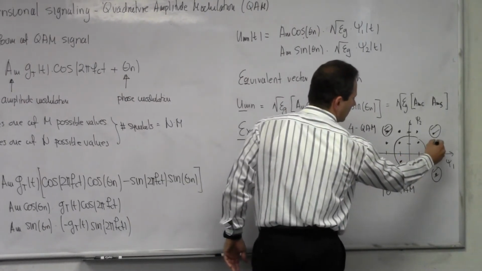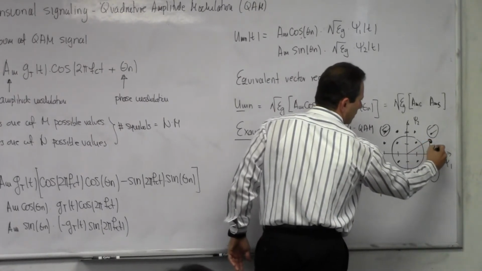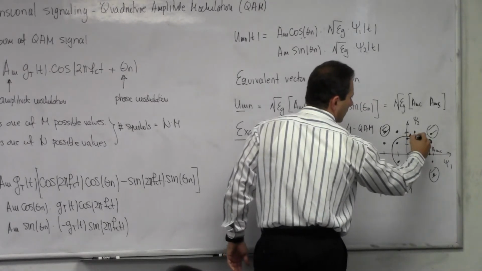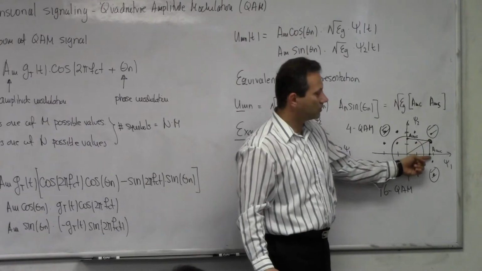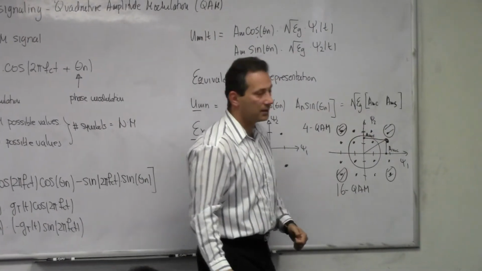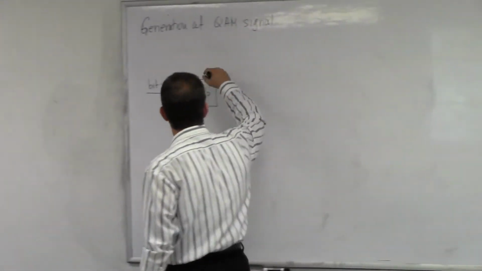For example, let's say I identify this one. So here is your AMC, and here is your AMS, right? You're going to have 2 coordinates: a coordinate on the psi 1, and then a coordinate on the psi 2. So it will calculate these 2.